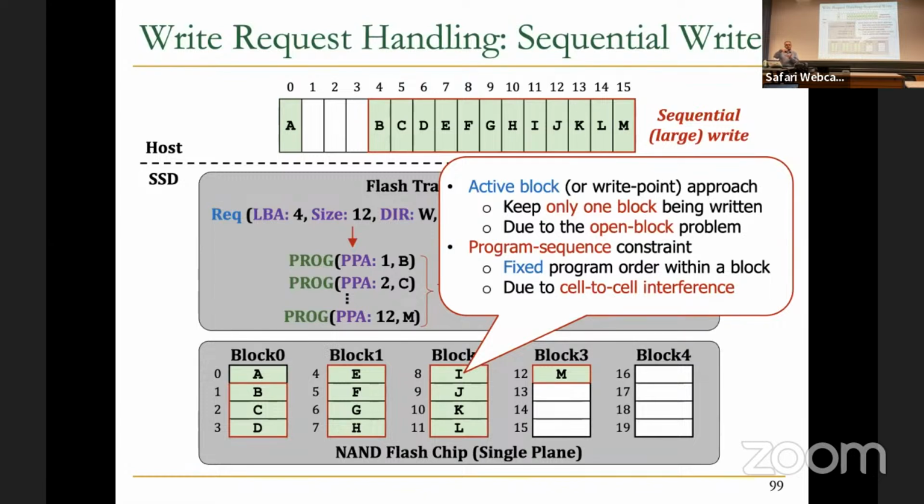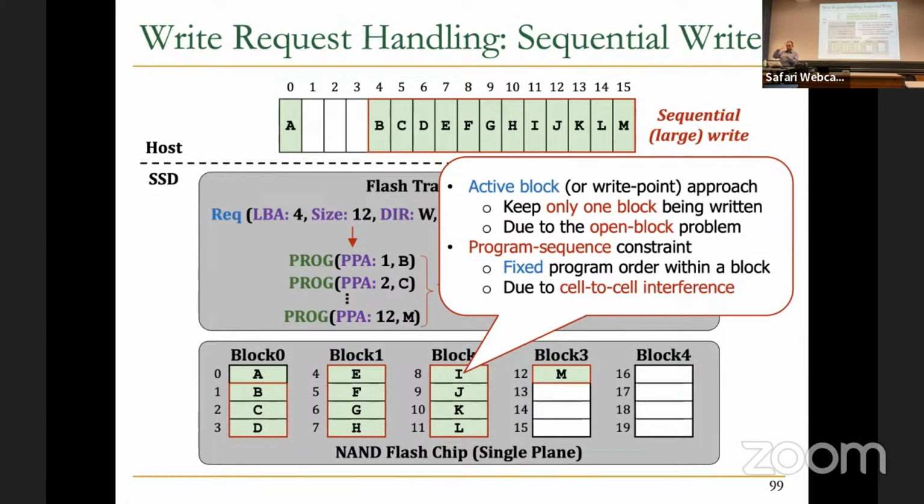Once you keep your block open, that can cause some reliability issues for the pages that we have written already in that block. The longer you keep that block open, the more reliability issues you can cause to those pages.